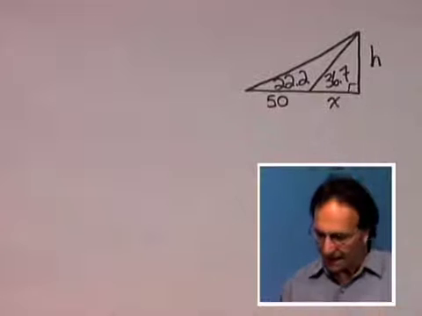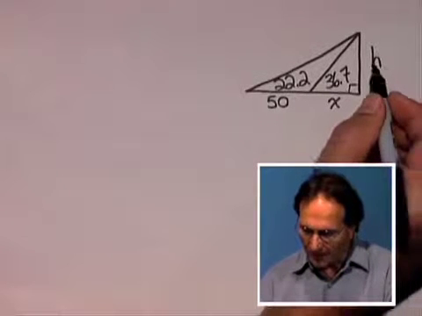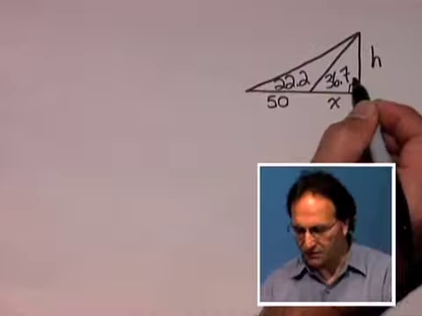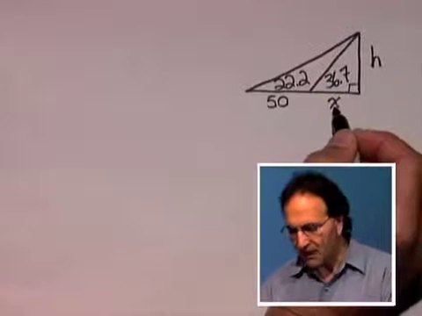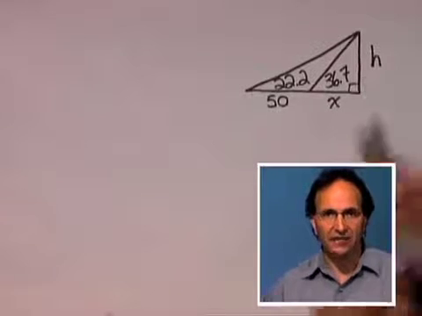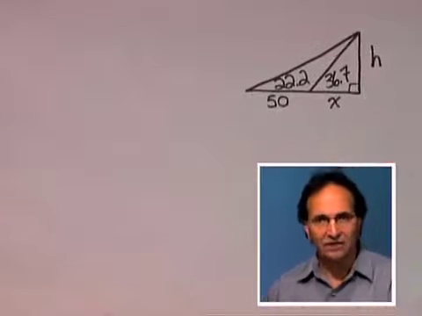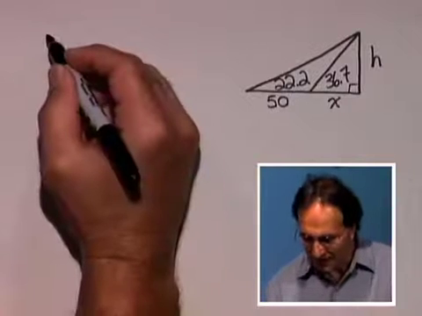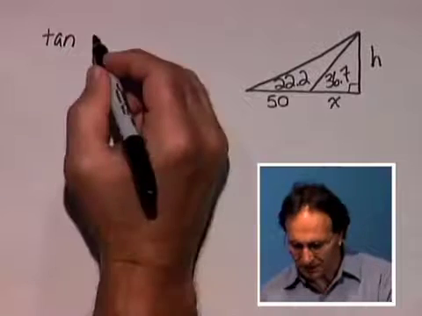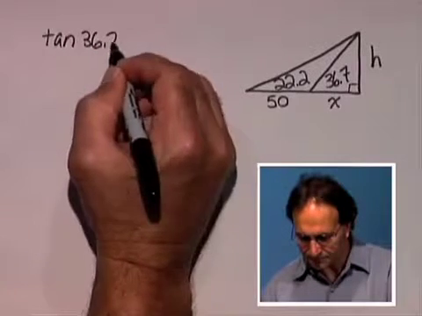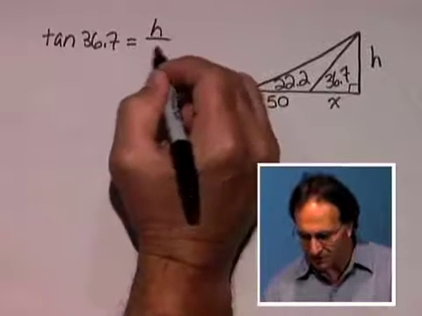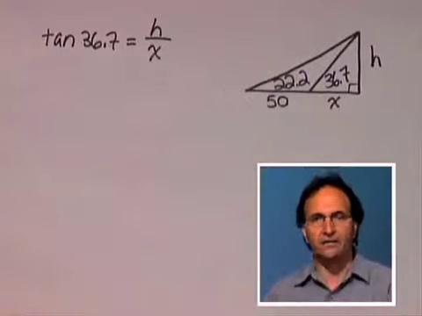Since we want to find h, that would be the side opposite the 36.7. The other side, we don't know what it is, but we've labeled it x, is the side adjacent. Therefore, we can use the tangent trigonometric function and say that the tangent of 36.7 degrees is equal to h divided by x.